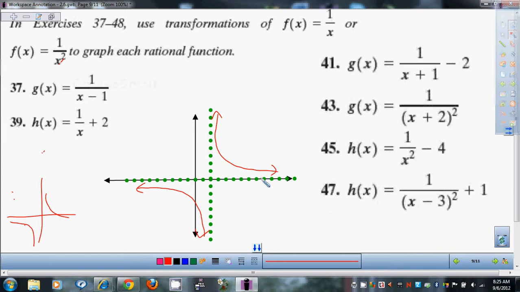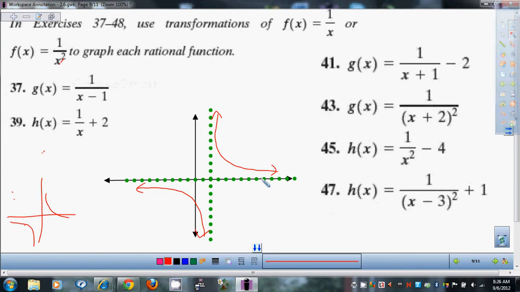What about 39? Where's that thing shifting? Up 2. So this portion would just be here. 1 over x shifted up 2 units because your horizontal asymptote would shift up 2. What about number 41? Where's 41 shifting? Left 1 and down 2.